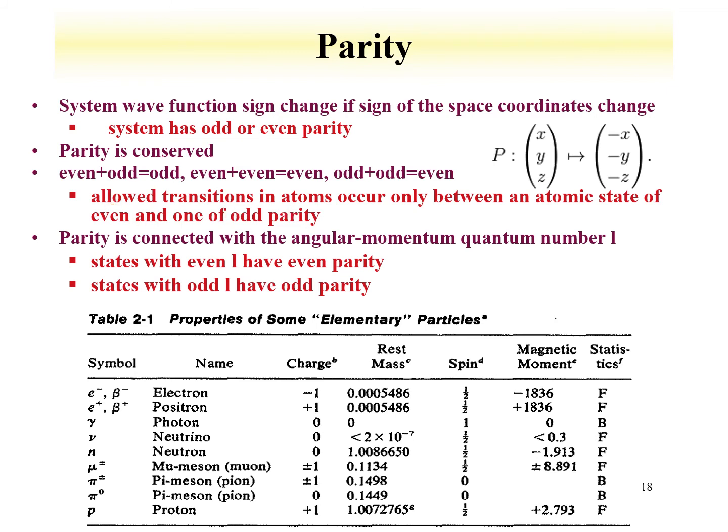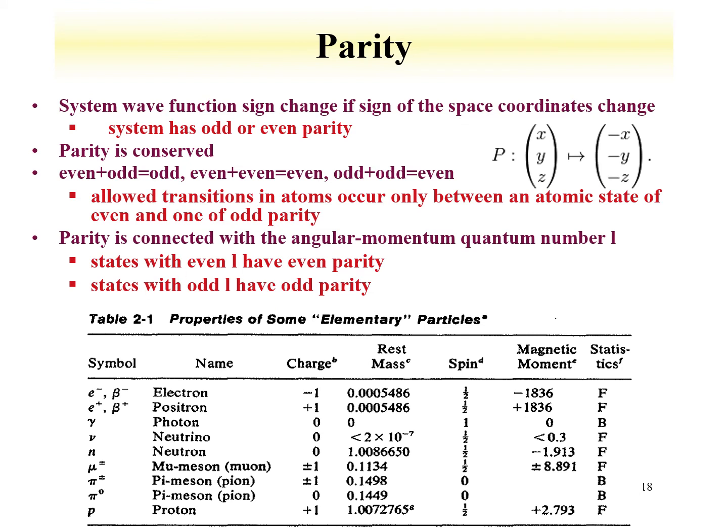Parity is also connected with your angular momentum quantum number. States with an even angular momentum have even parity, so S and D states, whereas states with an odd angular momentum have odd parity. P states, for instance, have odd parities. We'll utilize this when we discuss the shell model.